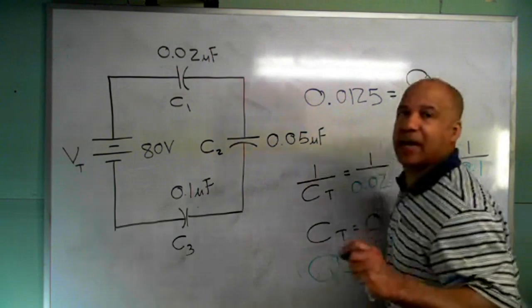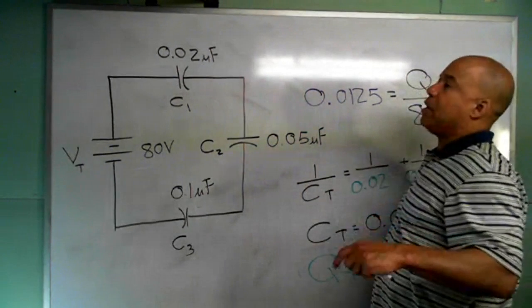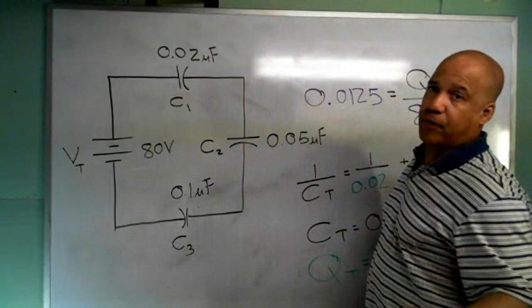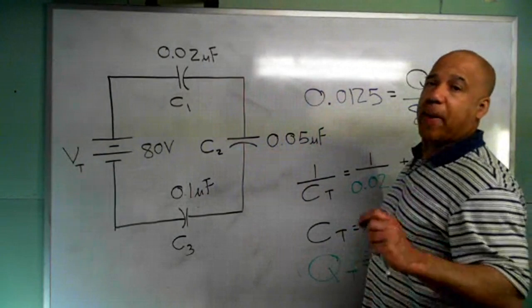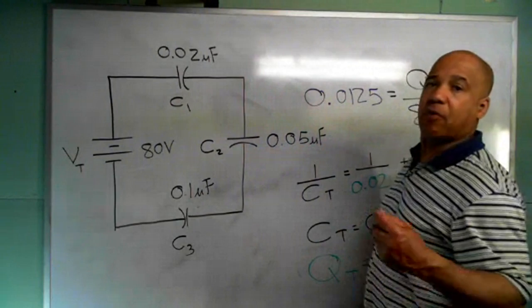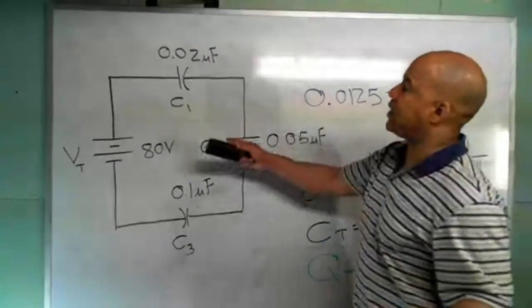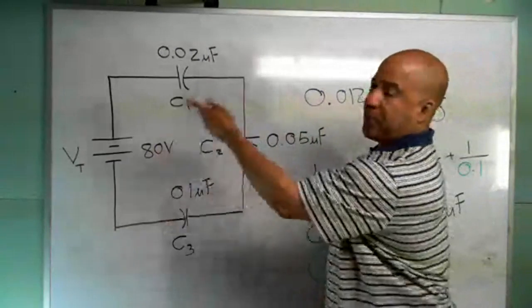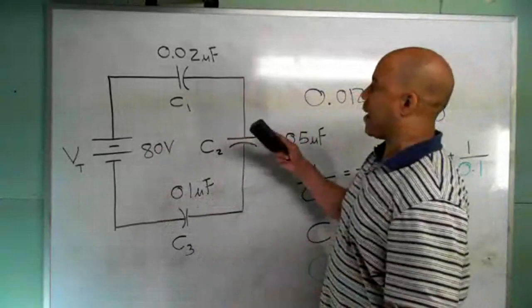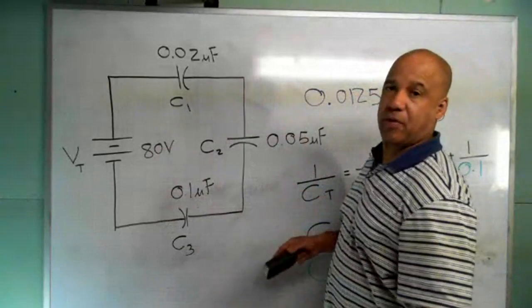So now we know that I have 1 microcoulomb of charge in the circuit. Now, what does that mean, 1 microcoulomb? Remember what I said earlier: charge for capacitors acts like current for resistors. If these are resistors in series, the current will be the same everywhere. Well, these are capacitors, so the charge is going to be the same everywhere.